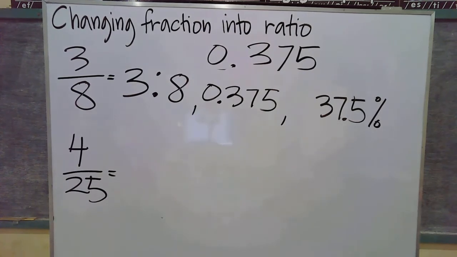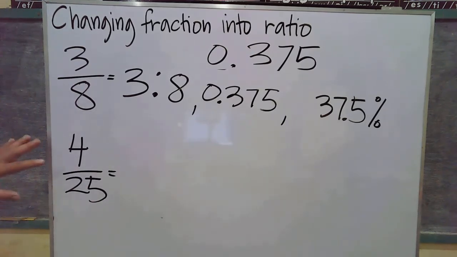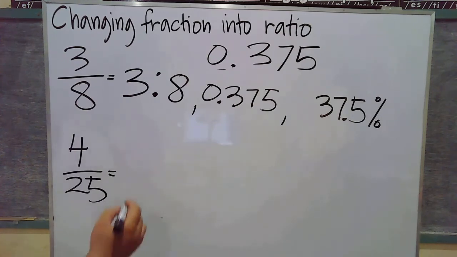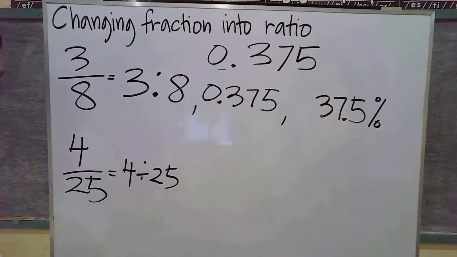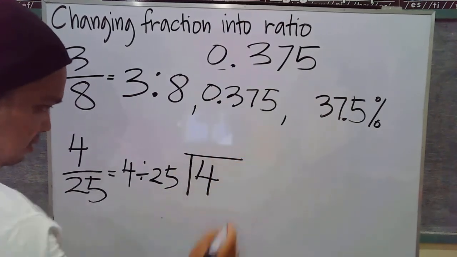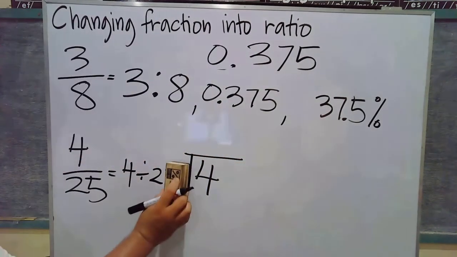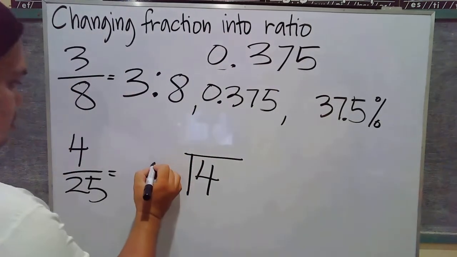So let's answer this. 4/25. Let's change this first into a decimal number. Okay, so it becomes 4 divided by 25.